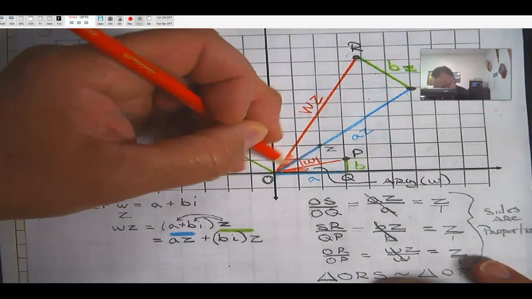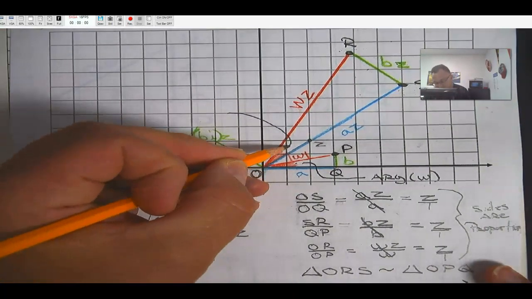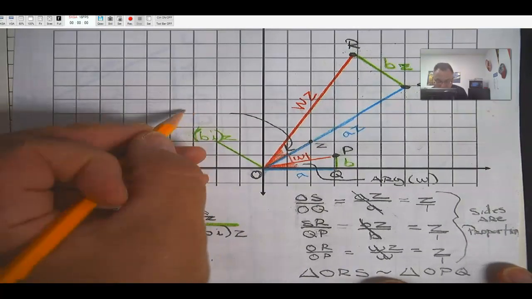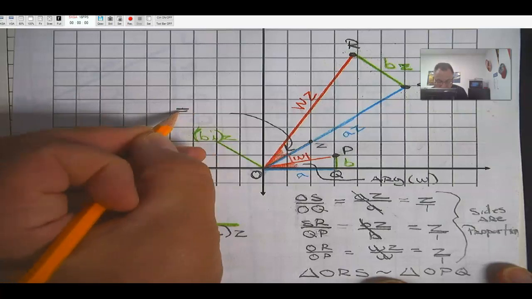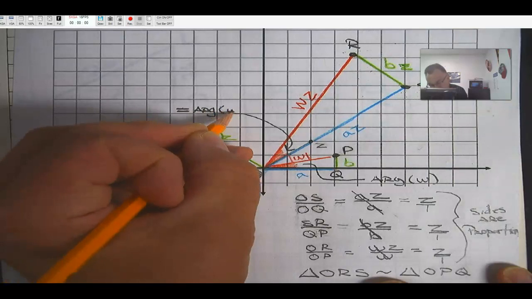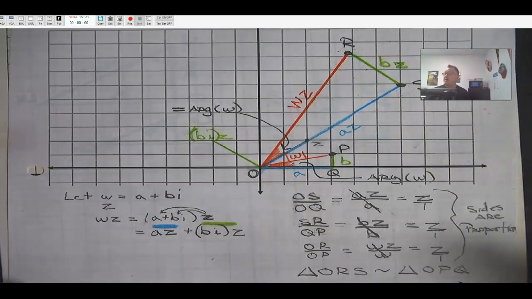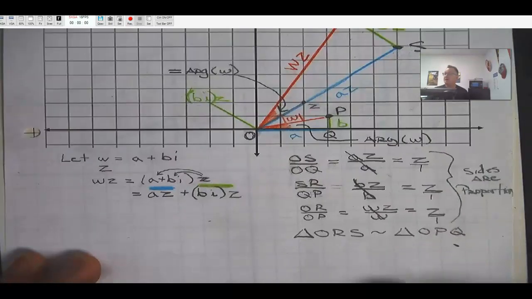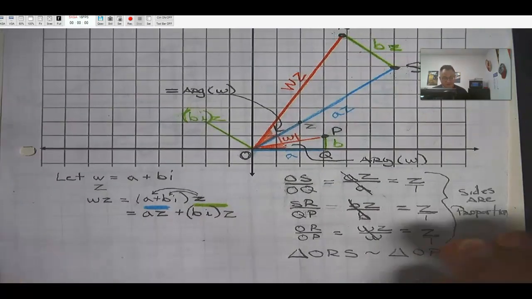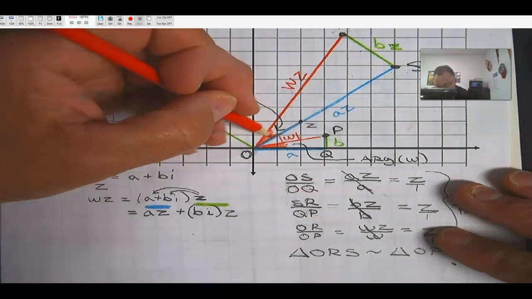Those two angles are the same size. That's the same as the argument of W. And if someone said, well, why? It's because the triangles are similar. So if the triangles are similar, these two angles have to be the same size.